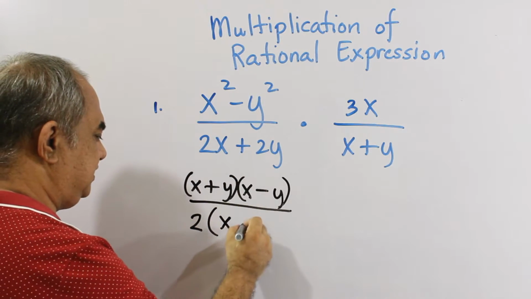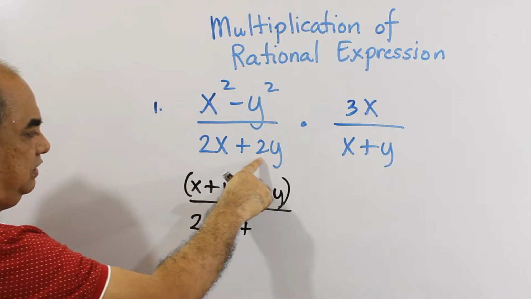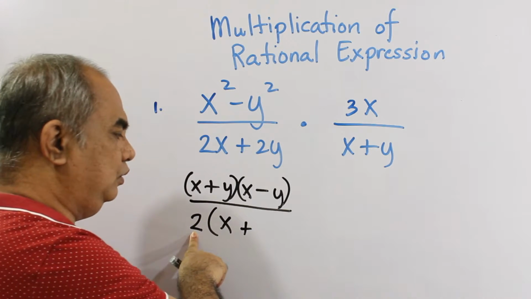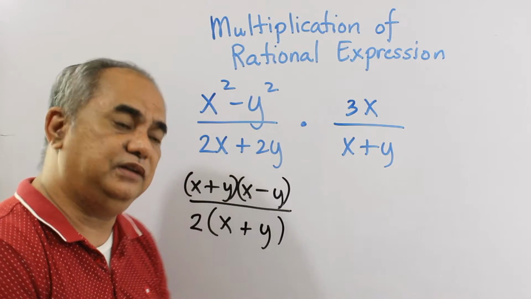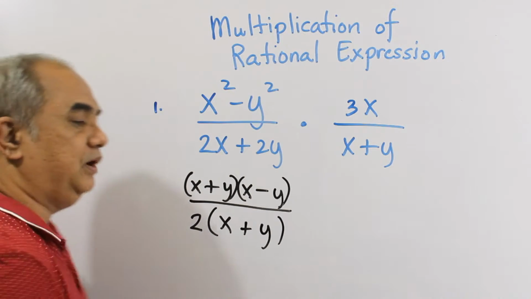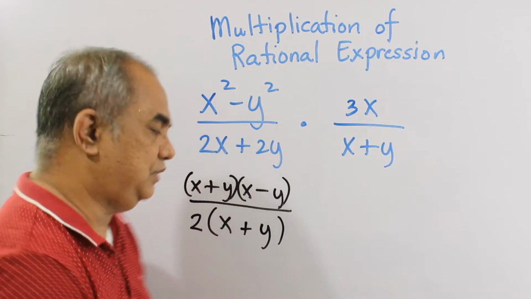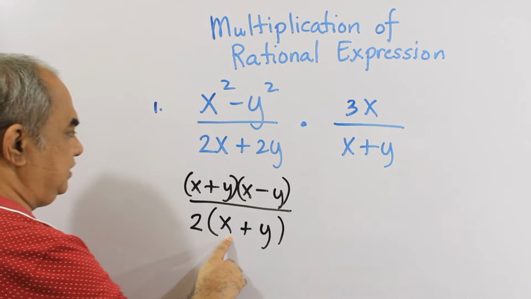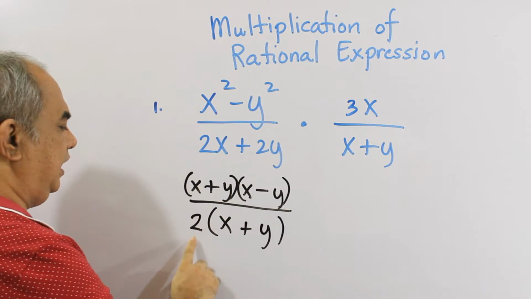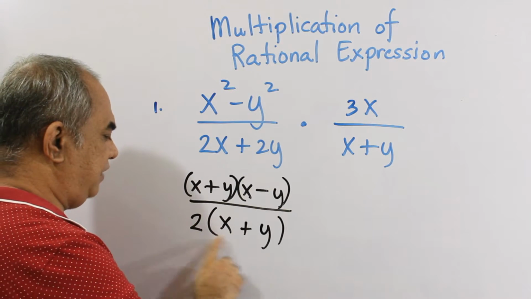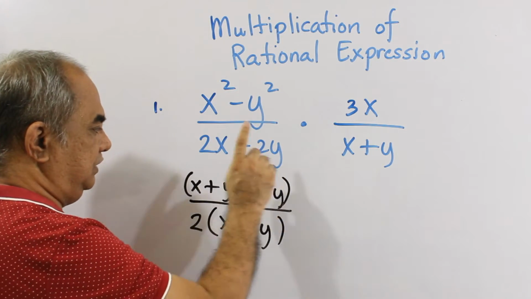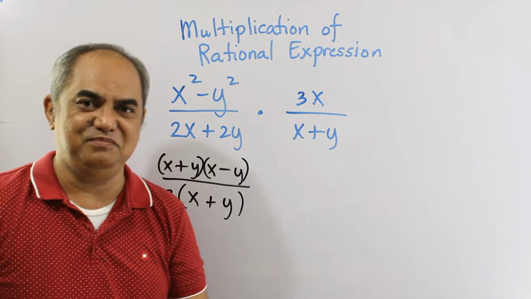Now you just copy this sign and you do the same thing here. 2y divided by 2 will give us y. For us to know whether our answer is correct or not, we just use the distributive property. So 2 times x will give us 2x, and 2 times positive y will give us 2y. Meaning to say, our factored form using common monomial for this denominator is simply correct.